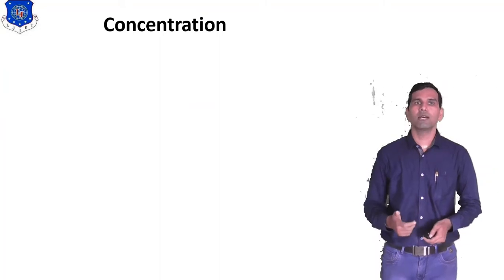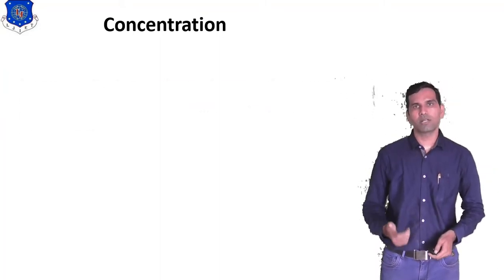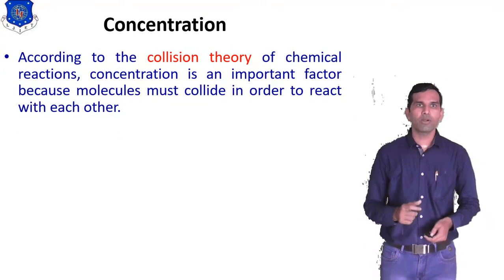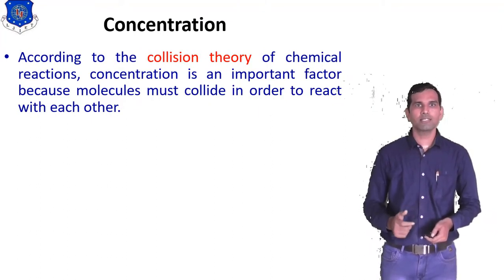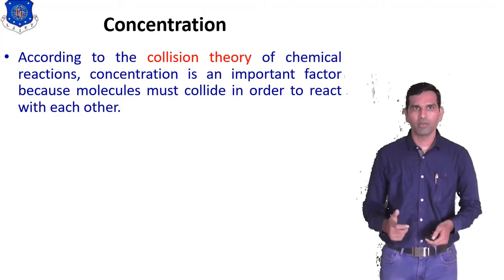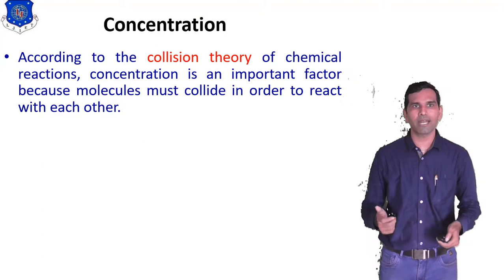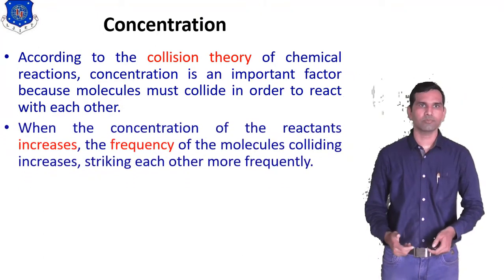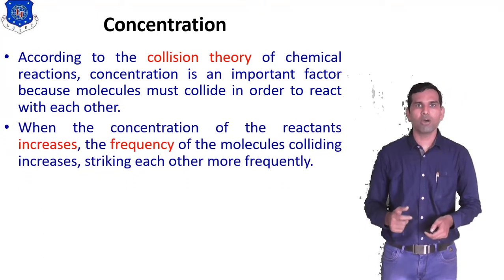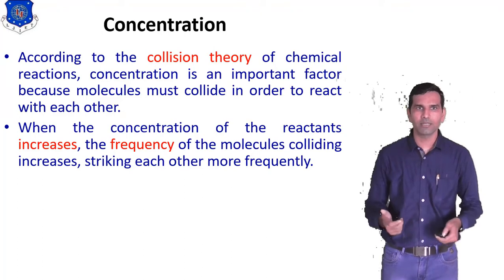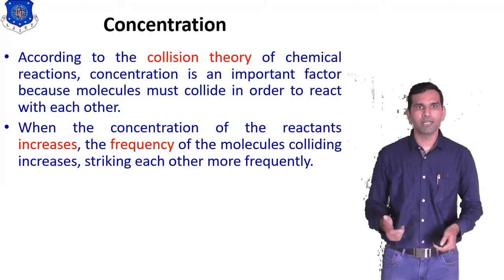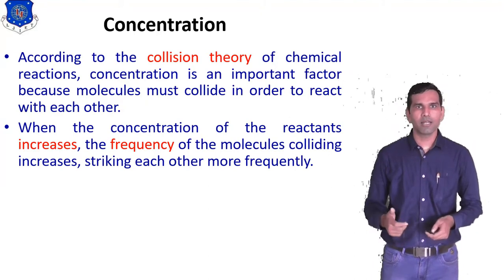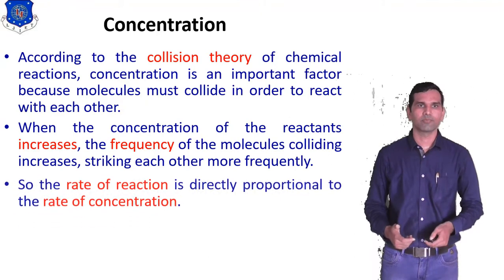Now the third factor is concentration. According to the collision theory of chemical reaction, concentration is an important factor because molecules must collide in order to react with each other. When the concentration of the reactant increases, the frequency of molecules colliding increases, striking each other more frequently.